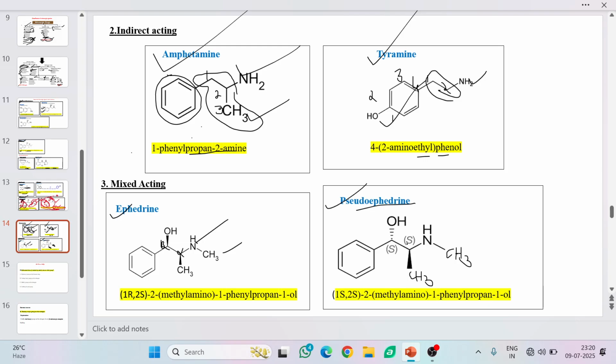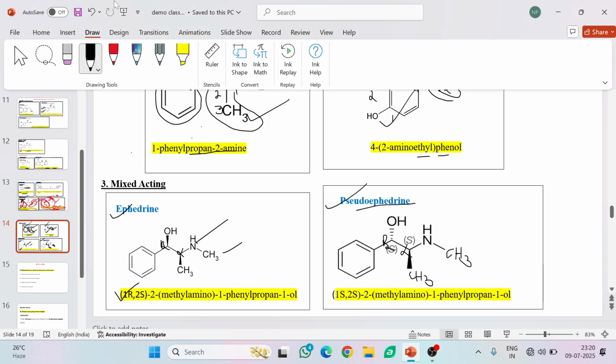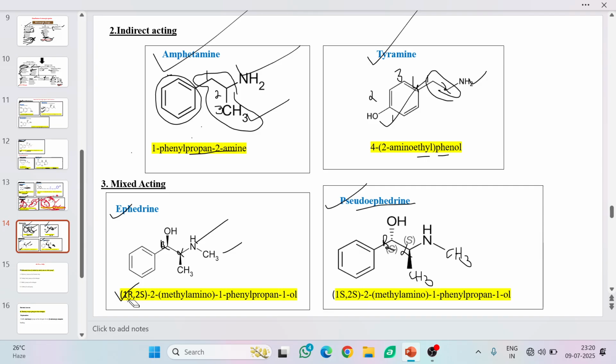So this is alpha carbon, this is beta carbon. Okay, so the structure is same, but now we will see the difference. In the IUPAC name, we'll get to know about the difference.